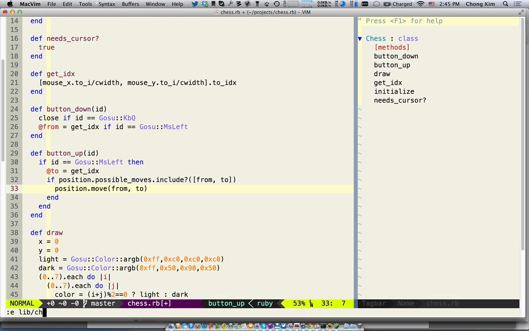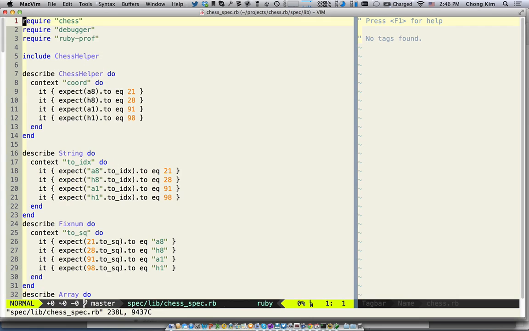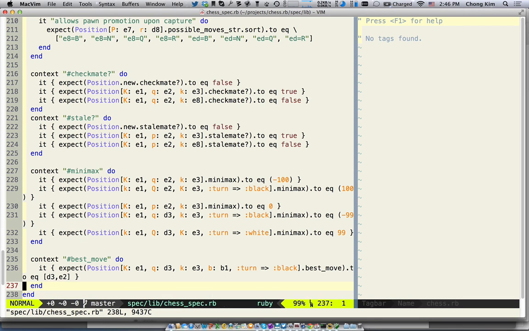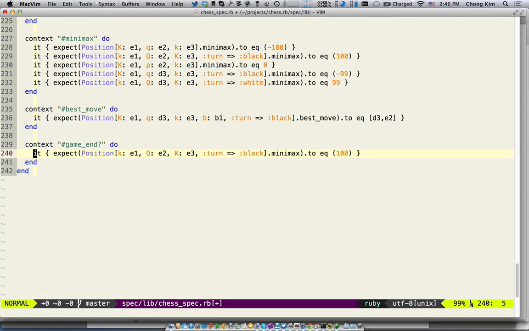Lib chess, and also let's take a look at spec. We need to have game end. If we take a position where the king is checkmated, that way we know the game has ended. So game end should be equal to true.